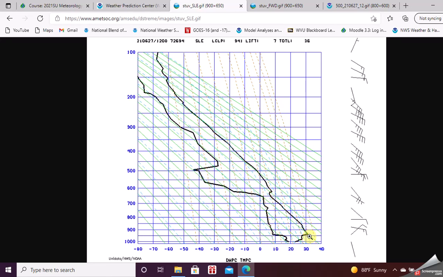So if I was to warm along a dry adiabatic lapse rate, which is this line right here, I warm dry adiabatically, I get almost up to 40 degrees Celsius. That's a good approximation of what may be the maximum temperature today.